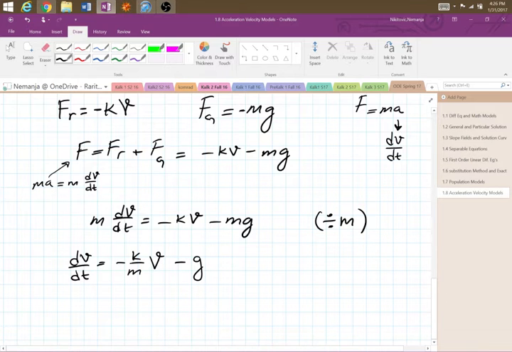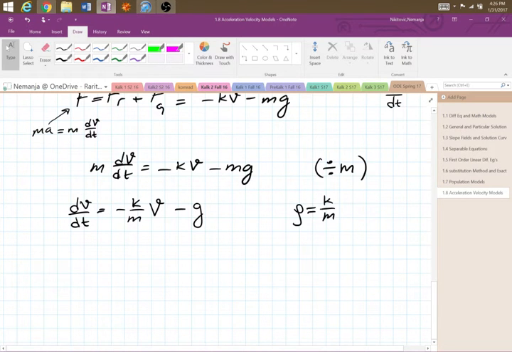And as they say in the book, they define rho is k over m. So the final version of the differential equation is just going to be negative rho v minus g.